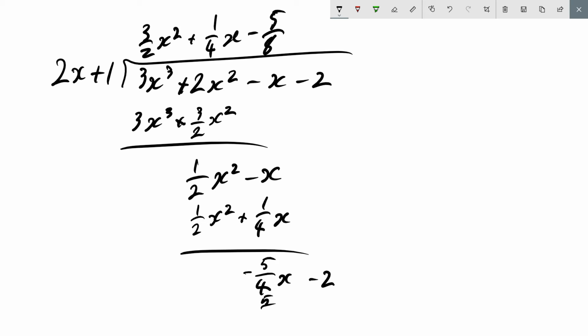And I will add 5 over x minus 5 over 8. Subtract that. That's going to become positive. It's negative 16. Negative 16, and I'm going to add 5. It's going to make 11 over 8. My remainder is negative 11 over 8. And that's it, we're done.